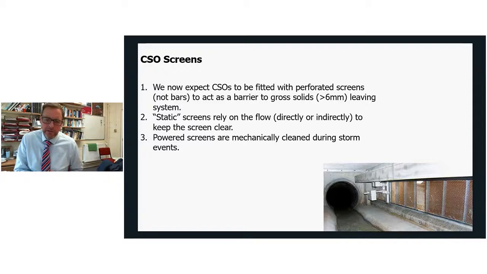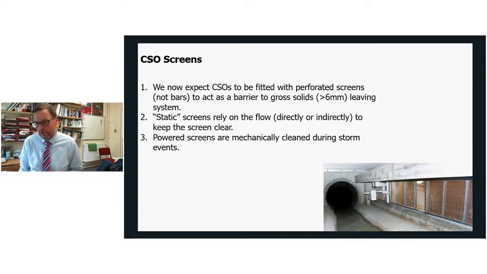So there's really two types of screens. We've got static screens which rely on the flow directly or indirectly to keep the screen clear, and we've got powered screens which use mechanical processes to keep the screen clear.